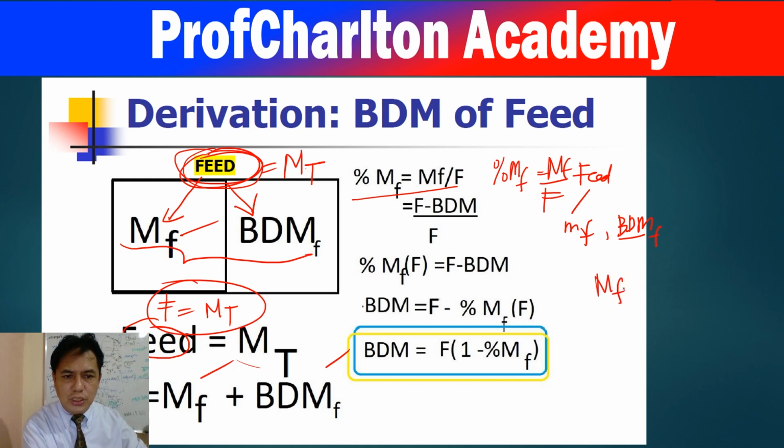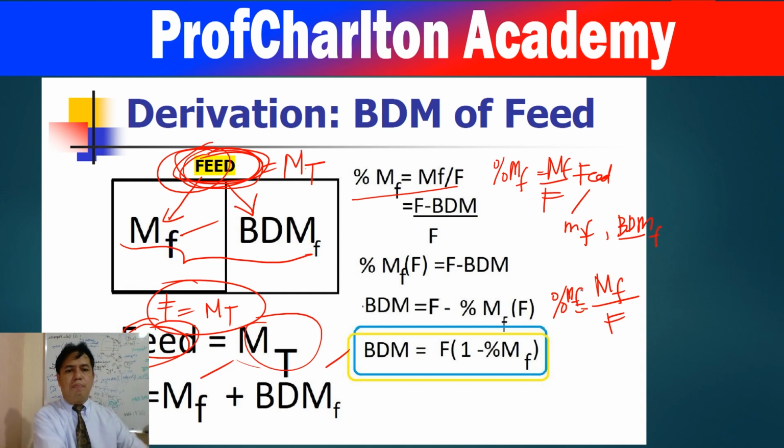This is the portion, the mass flow, and this is the total, the feed, or the total mass. If you get this, you will of course get a smaller number, I mean a decimal number. So it is termed as percent MF, percent MF of the feed. Meaning it's the percent moisture of the feed. Let me continue so that we can systematically tackle this topic.